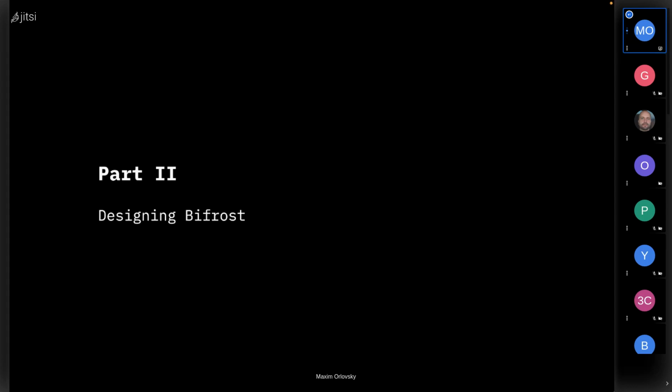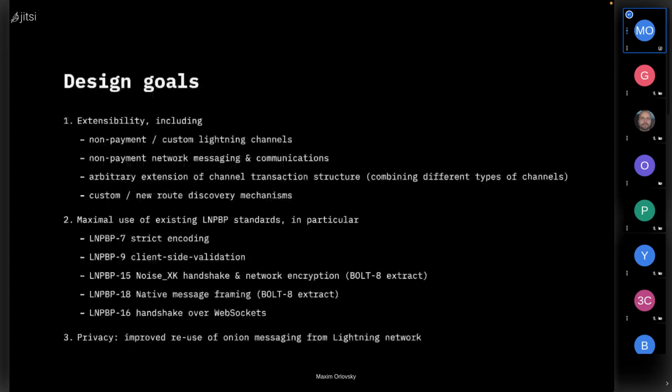Okay, I will proceed. The design goals which we had in mind for doing Bifrost, and against which we were checking the design of the protocol all the time, are three main goals: extensibility, maximum leveraging of existing standards, and privacy.